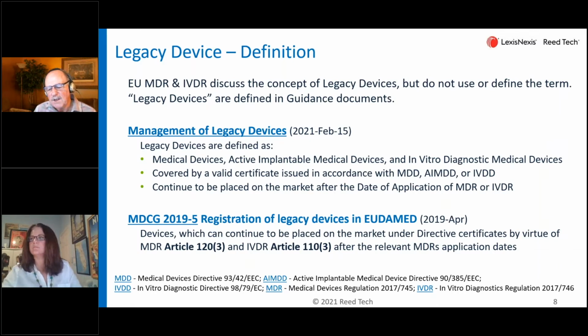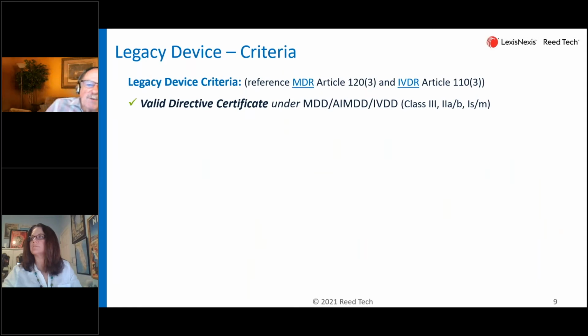So we need to touch on what those two articles bring out, because they have some qualifiers as to what the legacy device needs to meet before it's actually able to be placed on the market. So I think I mentioned earlier that it does have to have a valid directive certificate.